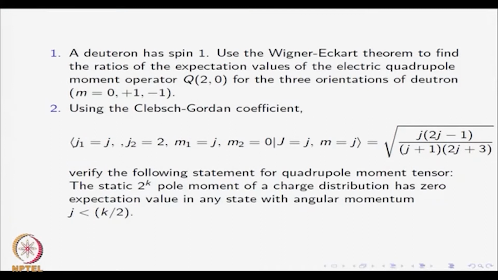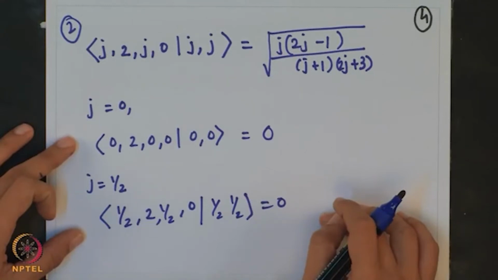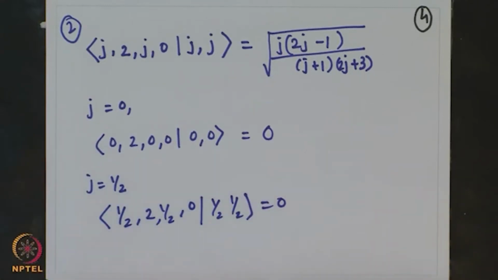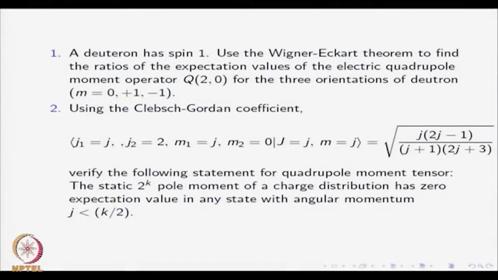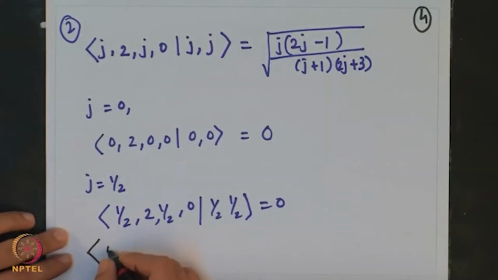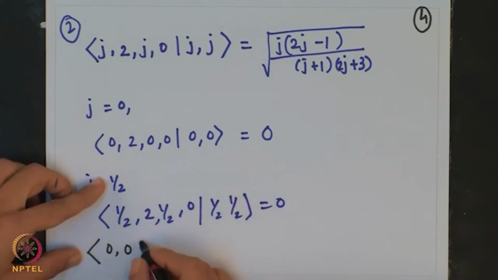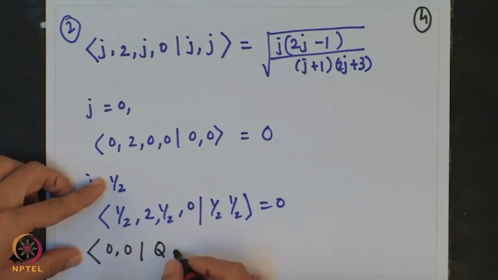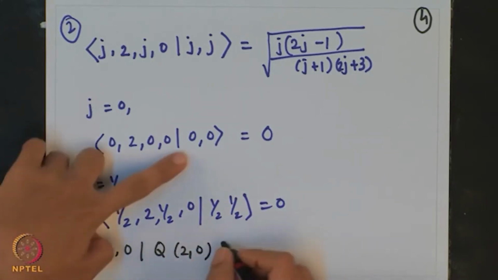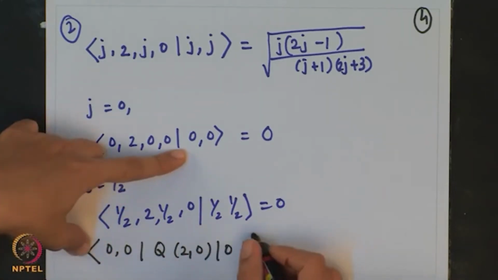So, from here you can see that these quantities are 0, and when you write in terms of the expectation value, how will I write it in terms of expectation value? I will have 0 0 state, and I have q 2 comma 0, I have a 0 0, correct.